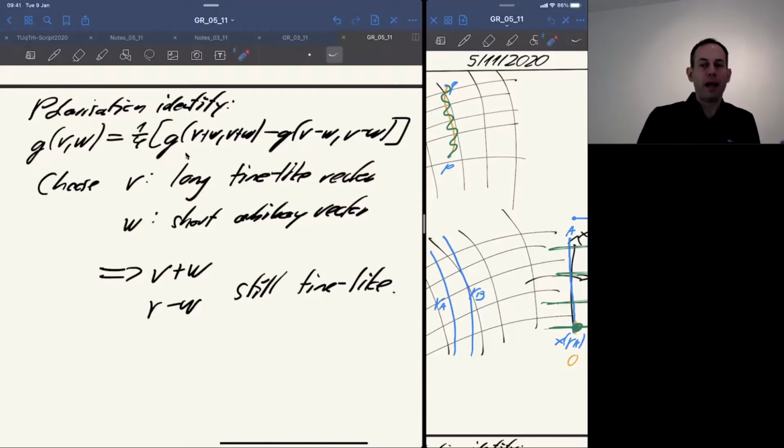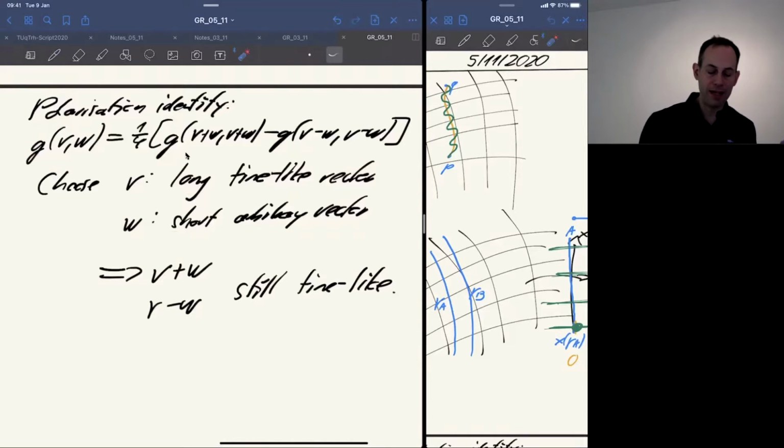Now, just by linearity, I will not do that in detail, but I think you can imagine now you have this G defined for a V that is time-like and for a W that is not. You can now, by linearity, easily extend it to any vectors. For example, the fact that it's long or short doesn't matter because this whole thing is linear. That's what we put in as an assumption, that the metric is linear.